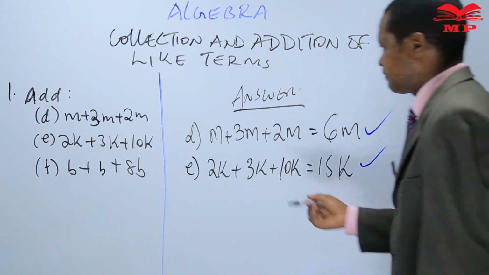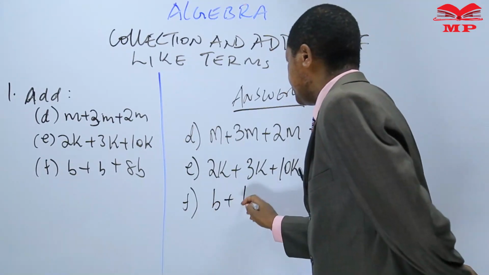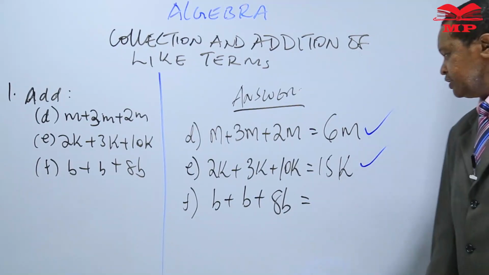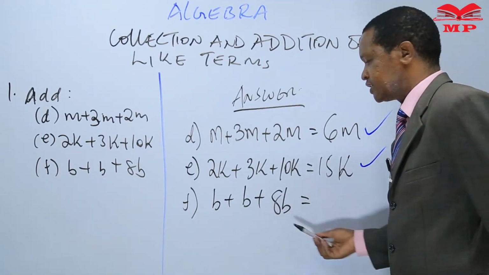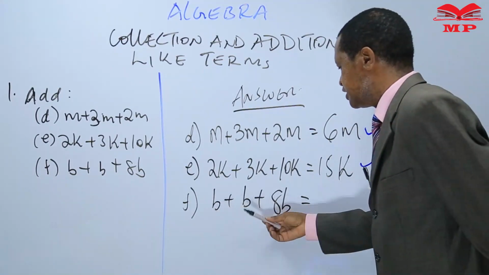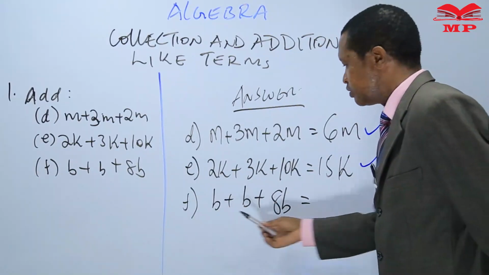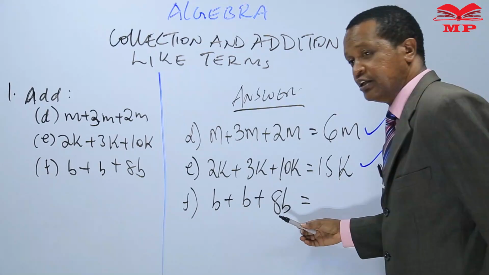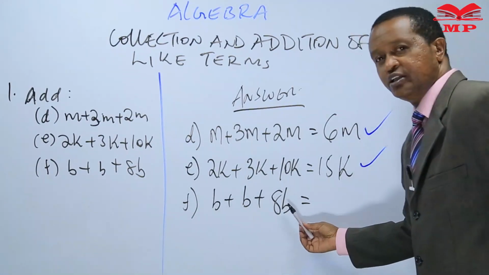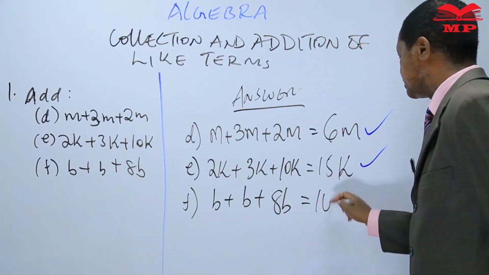Then F, B plus B plus 8B. These are also like terms, all B. 1B plus 1B is equal to 2B, plus 8B is equal to 10B.